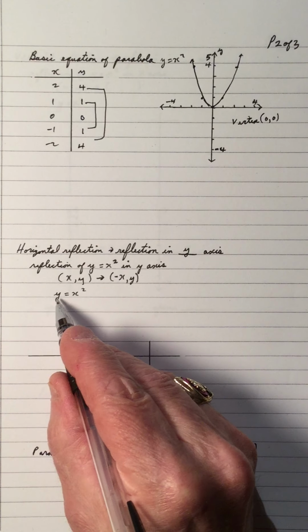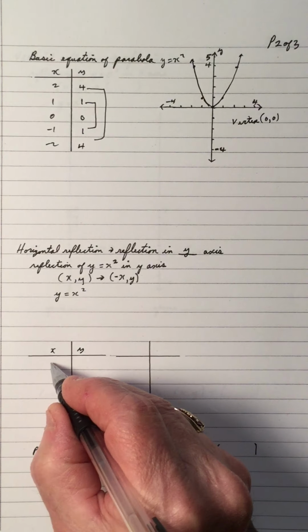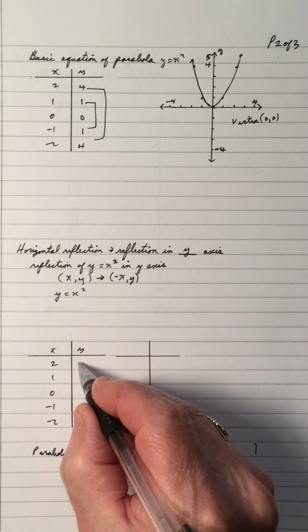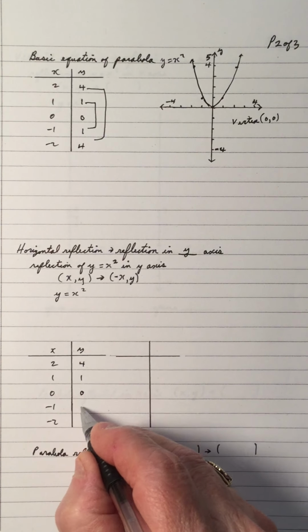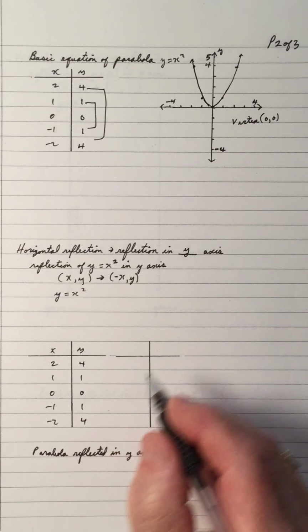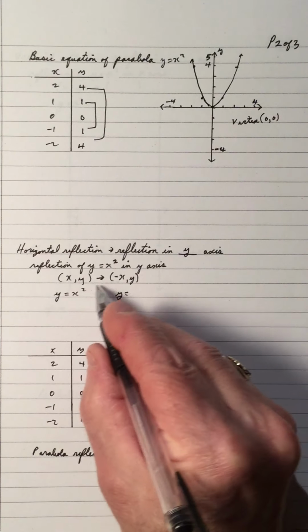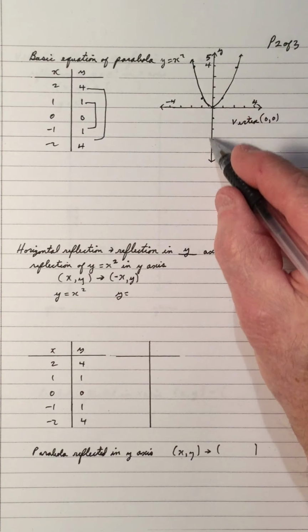So if we have the basic parabola of y equals x squared, again the table of values is 2, 1, 0, negative 1, negative 2. We square it, we get a 4, a 1, 0, 1, 4. But if you reflect it, x changing to a negative x is a reflection in the y-axis.